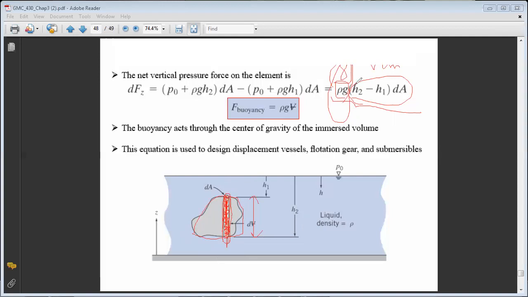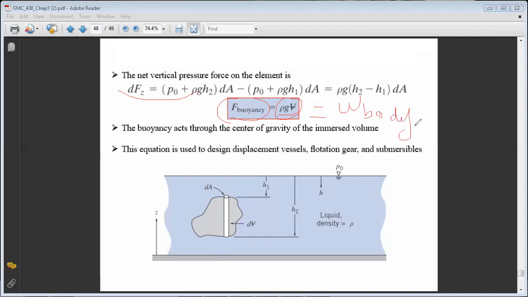So we deduce from this analysis that the buoyancy force is nothing other than the weight of the displaced volume of fluid. Now, to know if we have equilibrium conditions, the buoyancy force should be in equilibrium with the weight of the body.